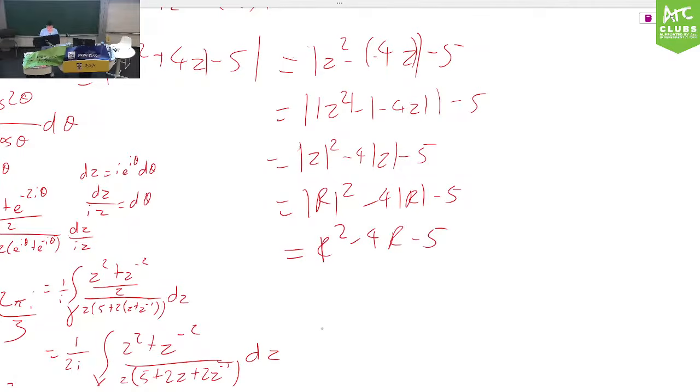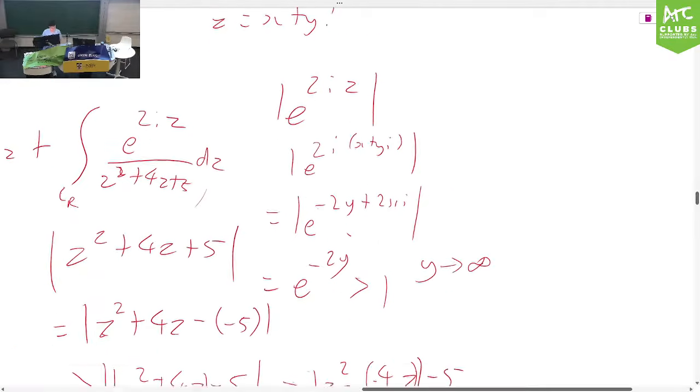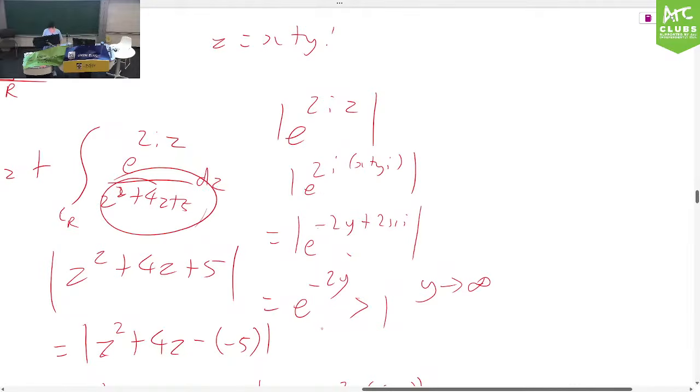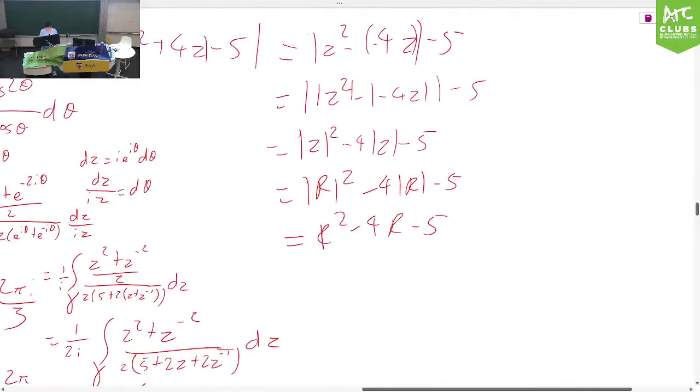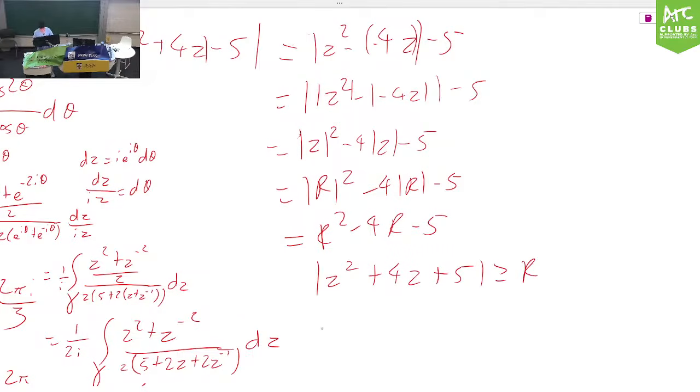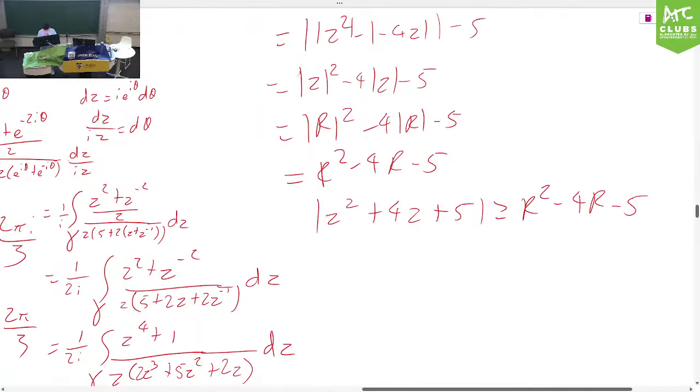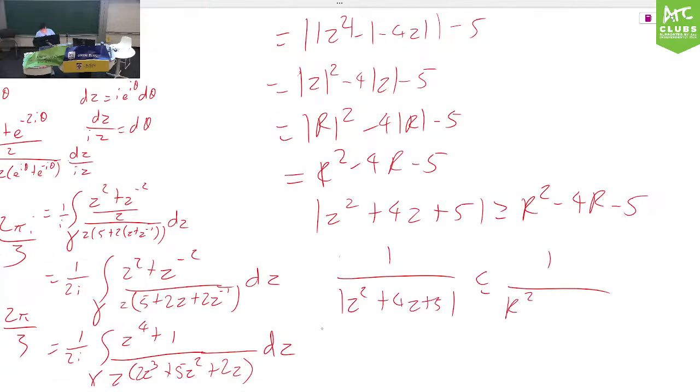Okay, so essentially what we proved is that this expression is greater than this. So I can just say again, z squared plus 4z plus 5 is greater than this. So if we take the reciprocal, we just flip the sign, so we have this.